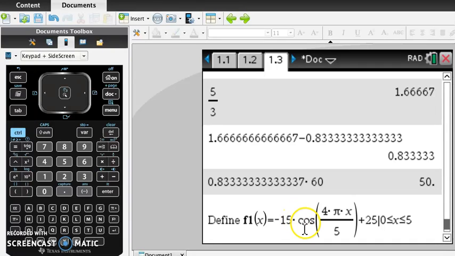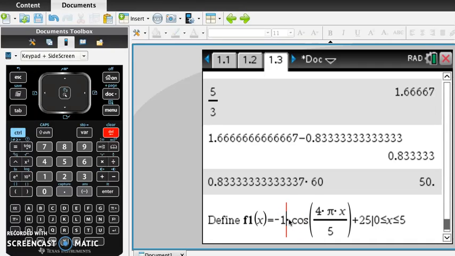Again, f1 of x equals 2.5 times sine of pi on 12 times x minus 6, close bracket, plus 20.